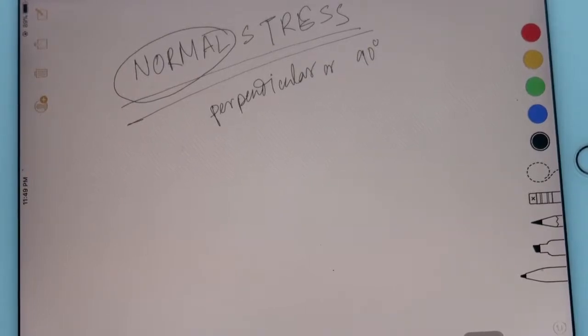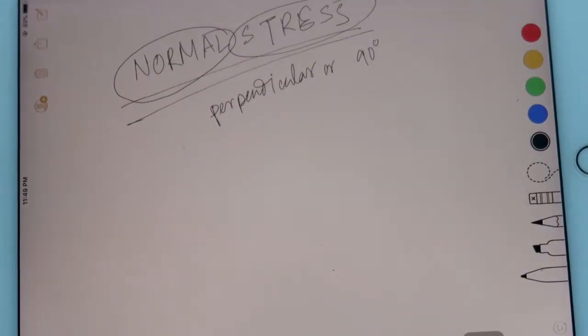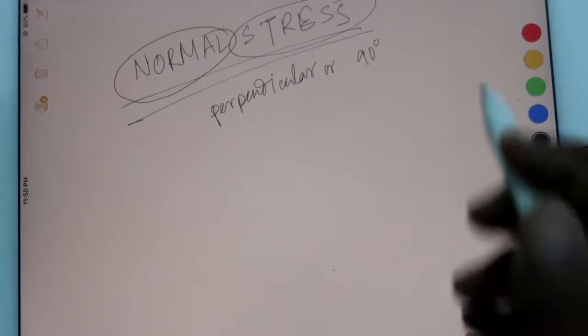Let's see the significance of the term normal. The word stress we already know from the last video. So what is normal stress? We have to understand the meaning of normal.